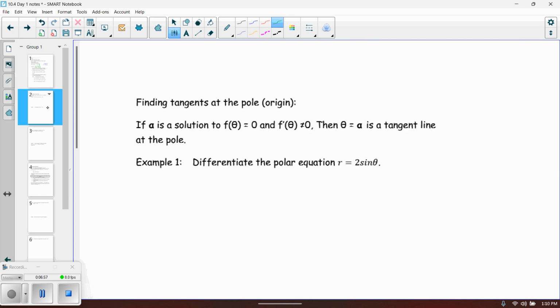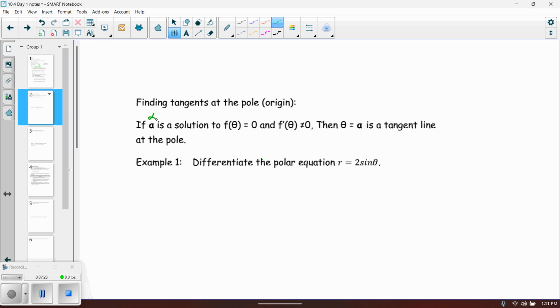All right, and the last concept, which we'll talk about here, and we'll actually get into a little bit more in a further example, is finding what's called a tangent at the pole. And a tangent at the pole occurs, and this is supposed to be an alpha, it just doesn't look like it very well, if alpha, which is an angle, is a solution to f of theta equals 0, and f prime of theta does not equal 0, then theta equals alpha is a tangent line at the pole.